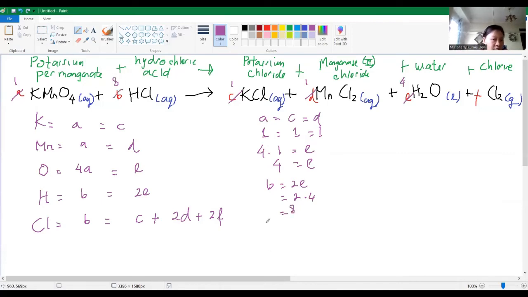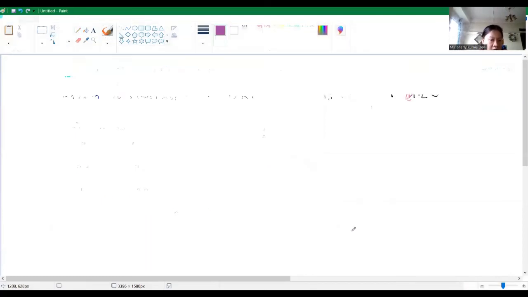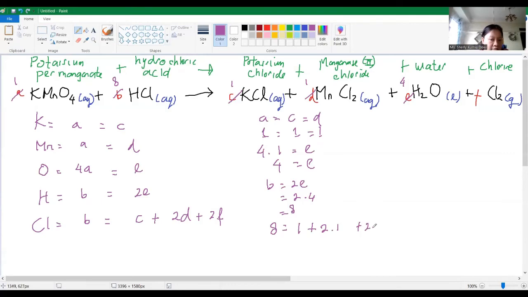And then I will work on this one. 8 is equal to C, 1, plus 2 times 1, plus 2F, because we do not know the F yet.